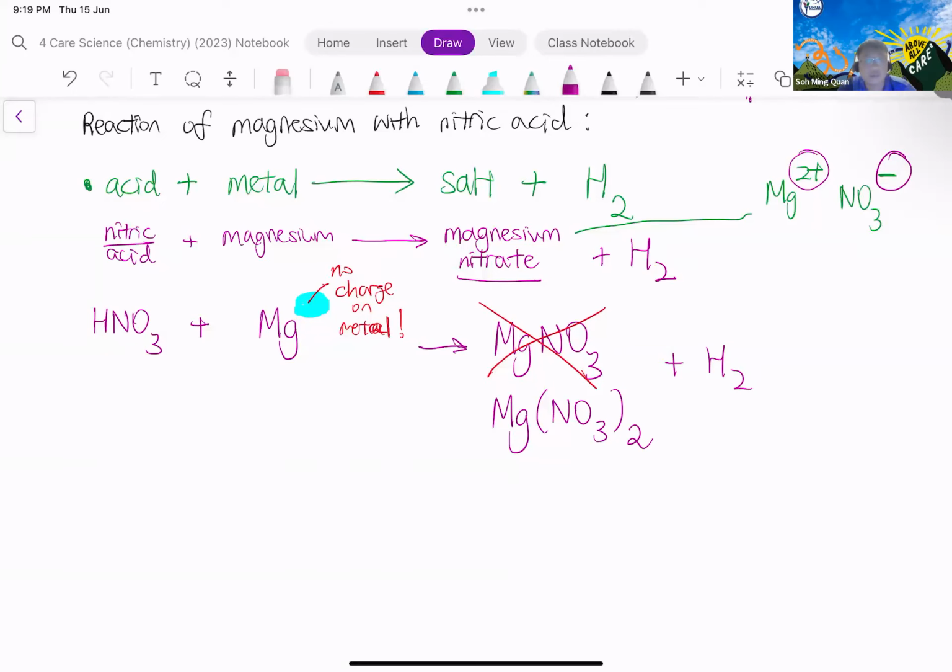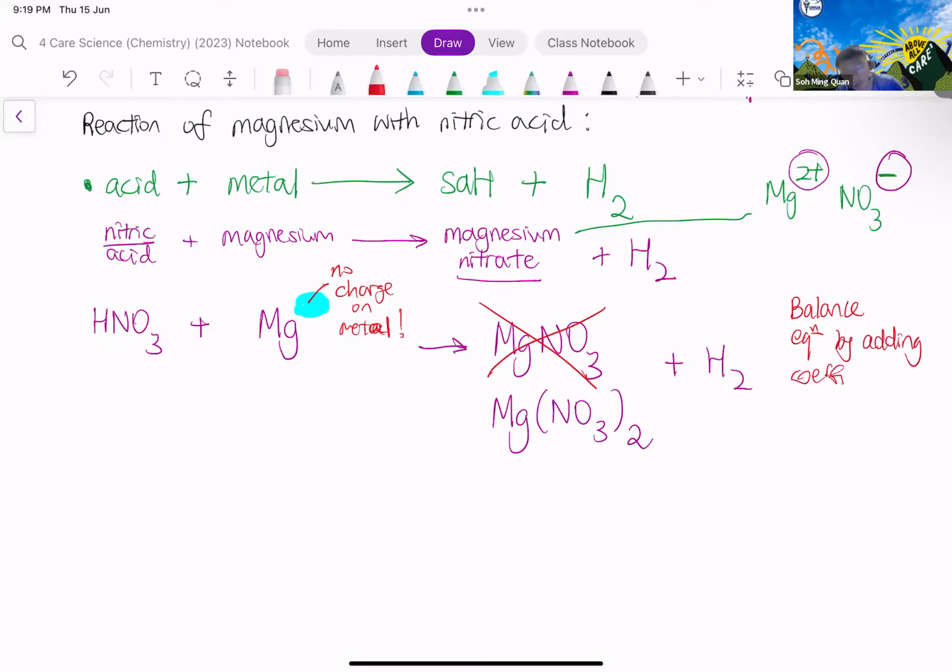And with that, once you have this, it's 1 mark. Then where is the last 1 mark from? This equation is not balanced. Why is it not balanced? Because it doesn't have equal numbers of atoms on both sides. A balanced equation must have equal numbers of atoms on both sides.